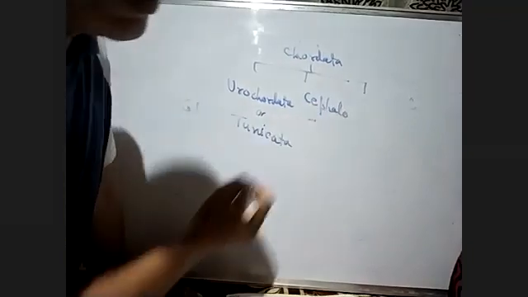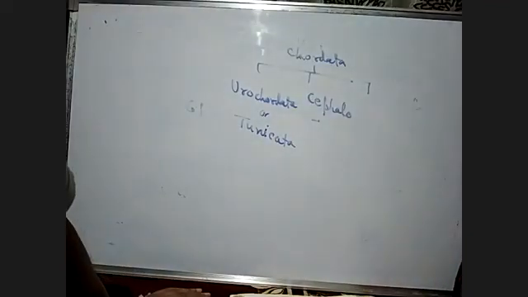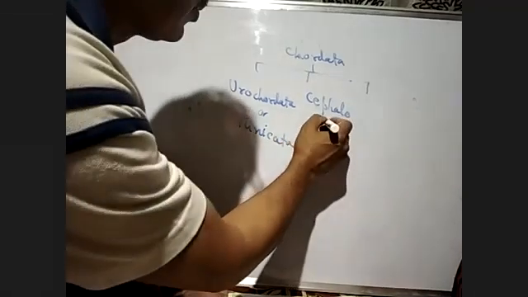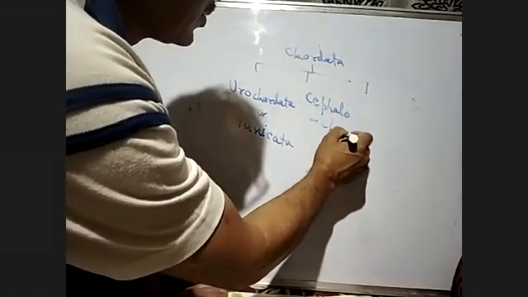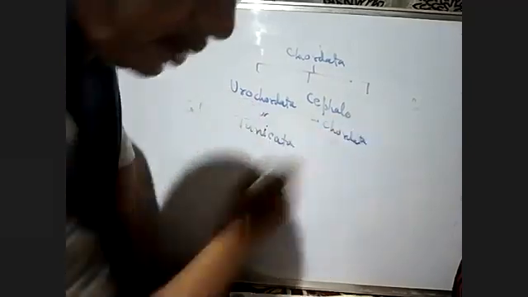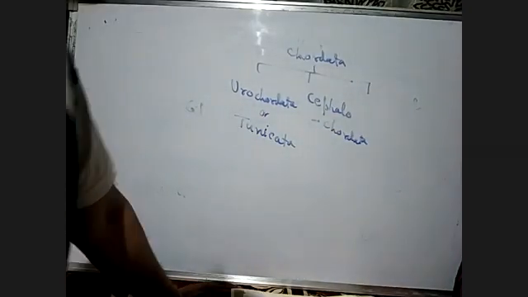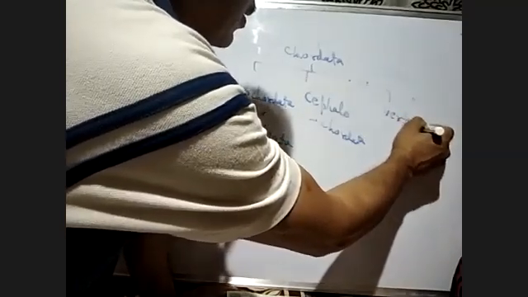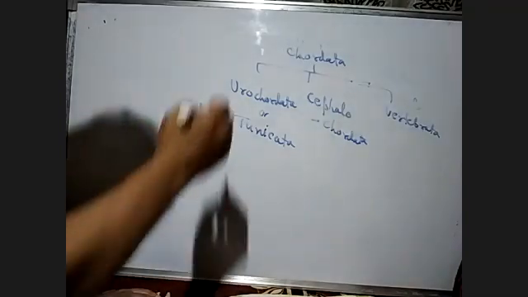In the book they are given before table 4.1, below that. And also we have the vertebrata. These are the three types of the subphyla.